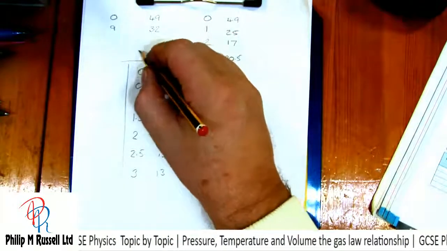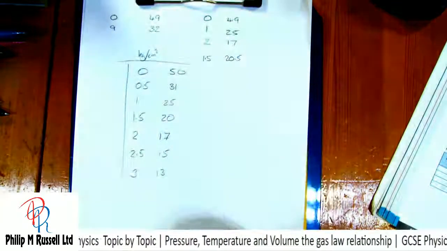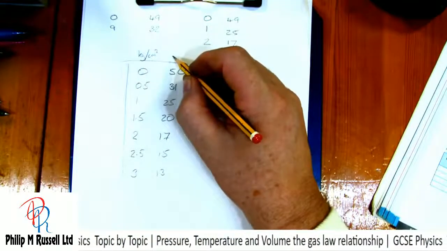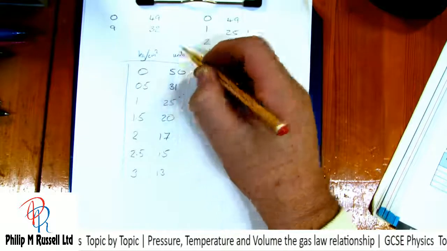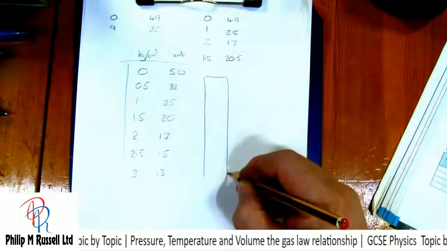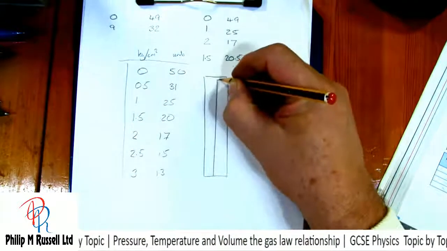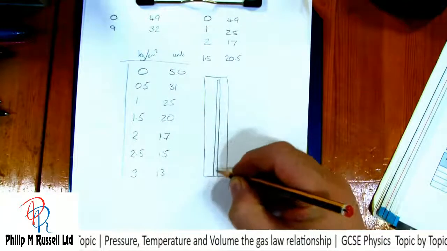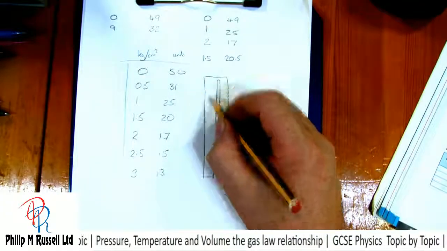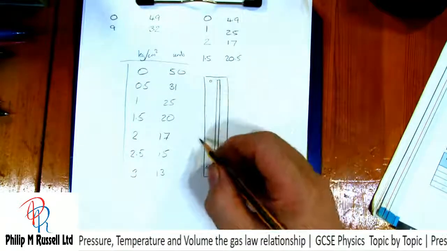This is the measurement in kilograms per centimetre squared, and this is like arbitrary units. And we remember on this it runs this way, where we've got 50 down the bottom and we'll have 0 at the top.